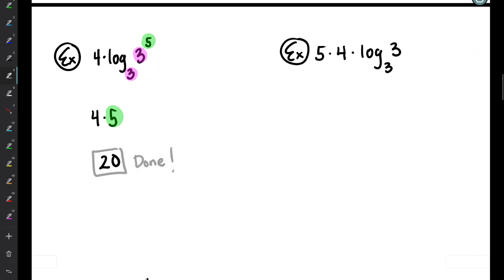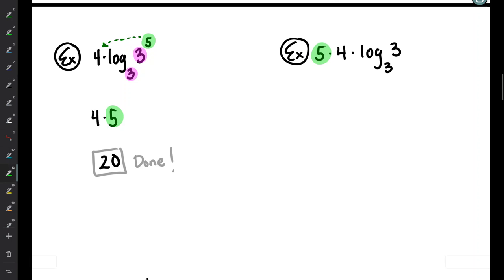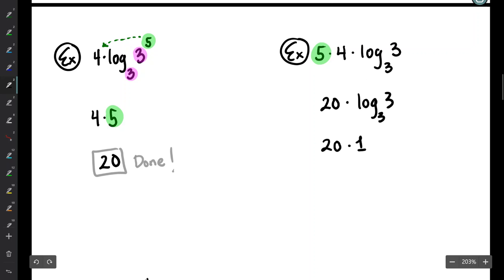Okay. I could have brought that 5 down in front. Here we have 5 times 4 times log base 3 of 3 to the 1. 5 times 4 is 20. And log base 3 of 3 is 1. 20 times 1 is 20. Right?